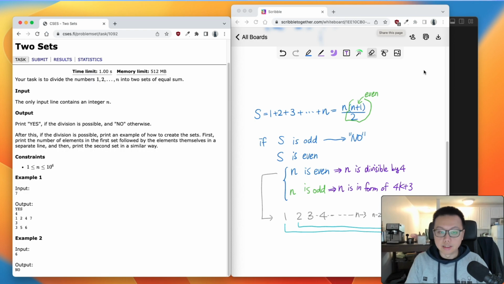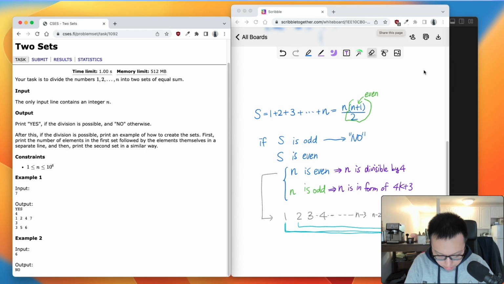So they should be the same. So you can split these numbers into groups of 4 numbers, right? Because n is divisible by 4. This is very important. And we can put the first pair into the left-hand side and the second pair into the right-hand side, and so on and so on. So after we do this, we are able to split all the numbers into equal sums, and each group itself already has the same sum.